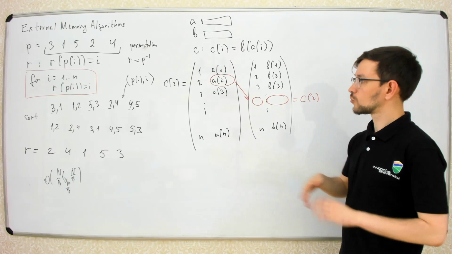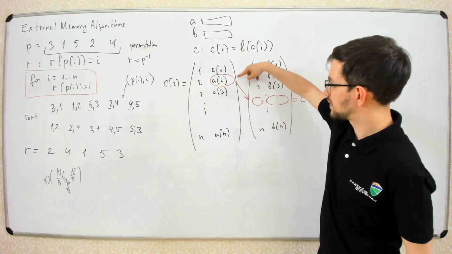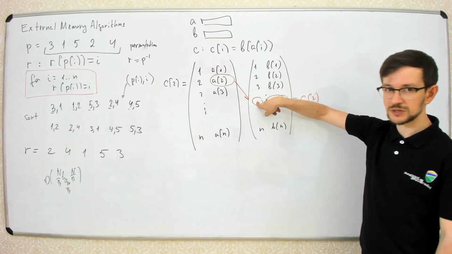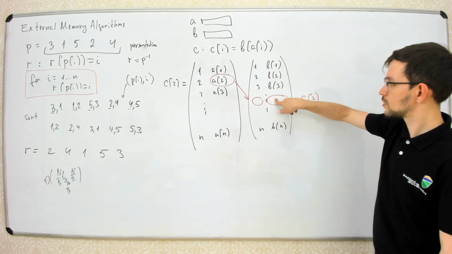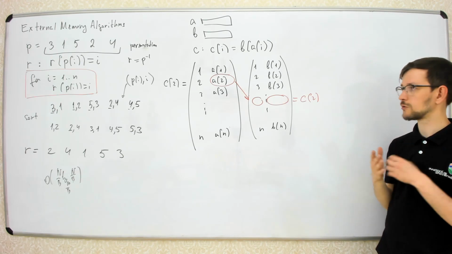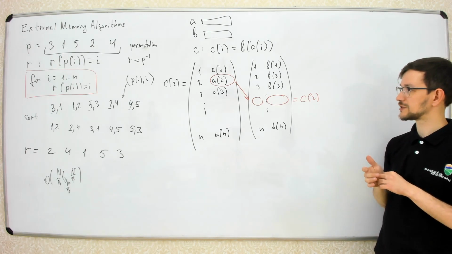So again, how to find the element C2? You take the second element of array A, find the corresponding element here, and here find the corresponding element of array B. That's all. That's how you find them.